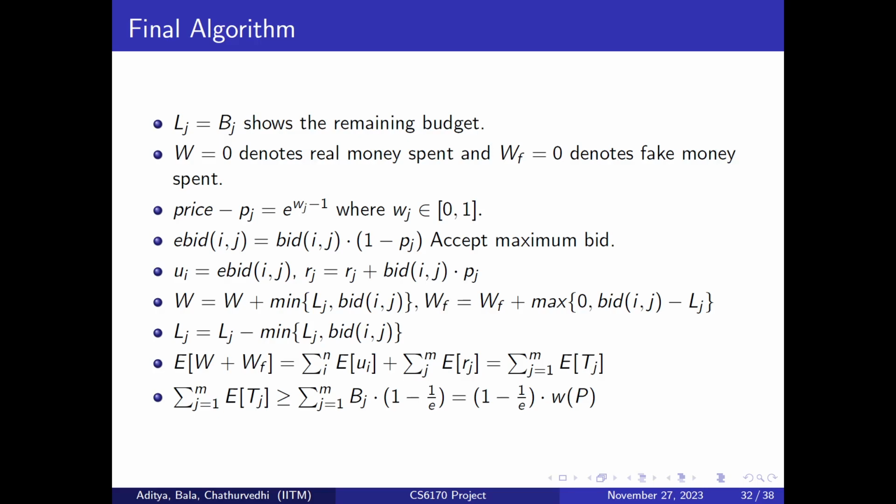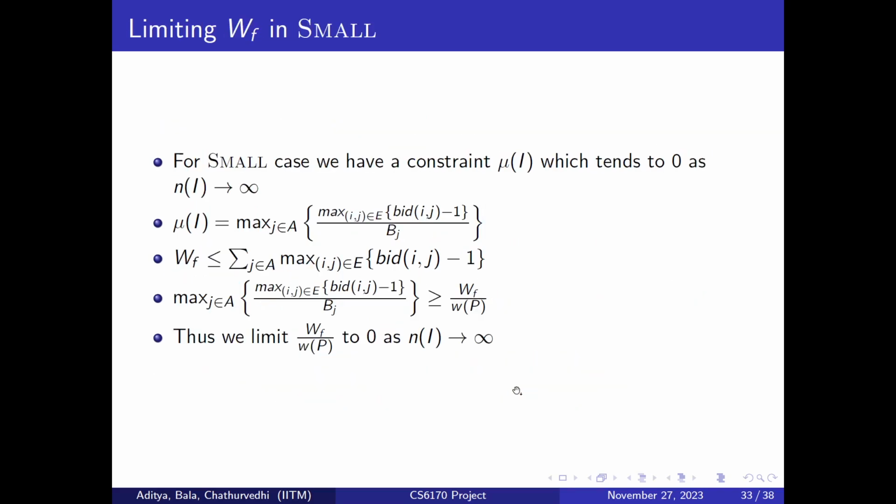False money occurs when there is a bid which has a higher value than the budget given for the advertiser, and when the matching is made, the false money is added by the maximum of 0 comma bid i comma j minus l_j, and the remaining algorithm remains the same, given the same competitive ratio. The reason we take small bids is because we try to bound the value of false money with the given constraint.